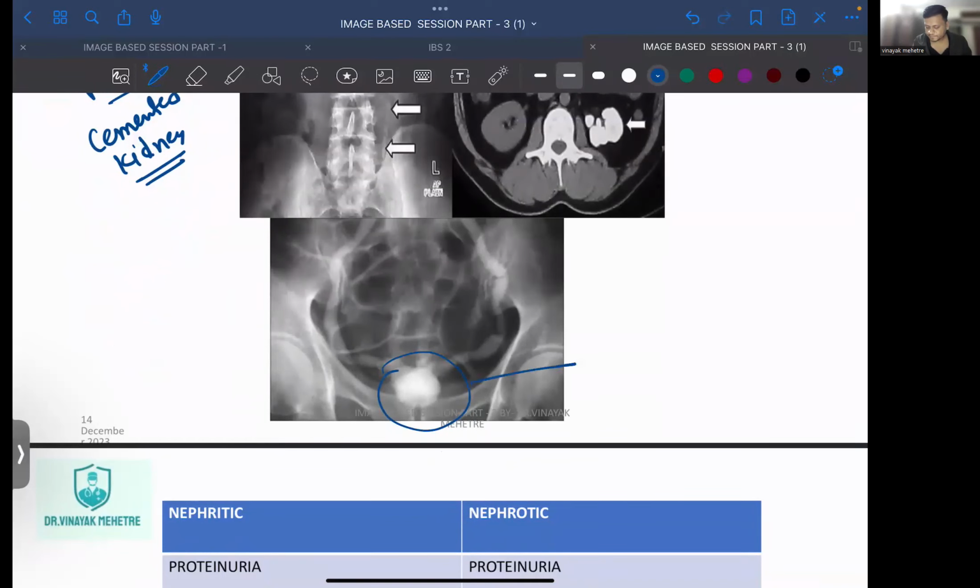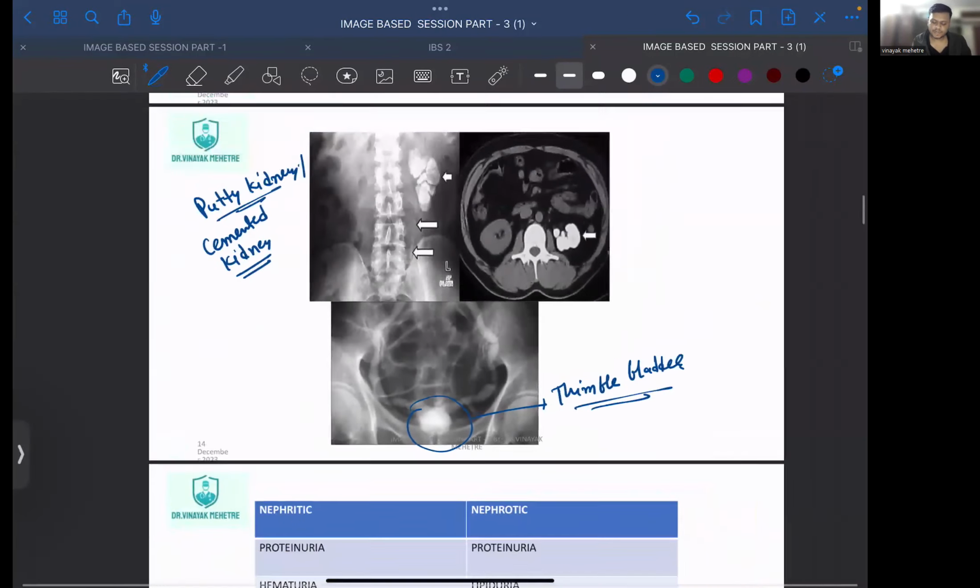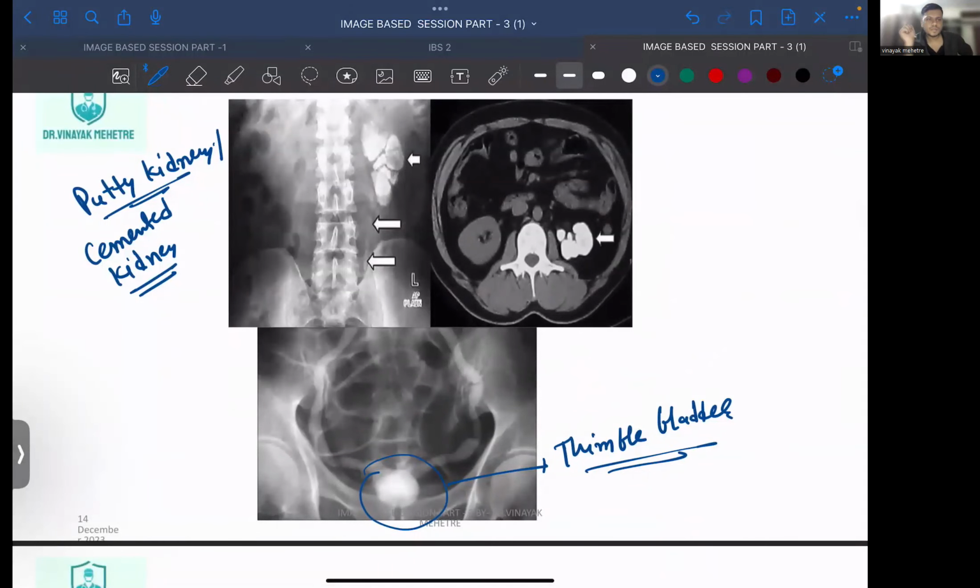This is called as thimble bladder. Whenever you are getting question on hemoptysis in India, it is going to be TB. So 99% of the time question is on TB as soon as you will see hemoptysis. Okay.